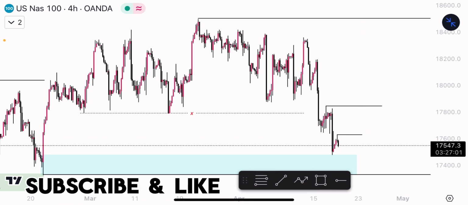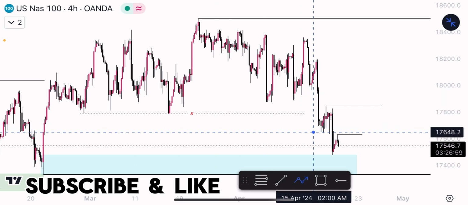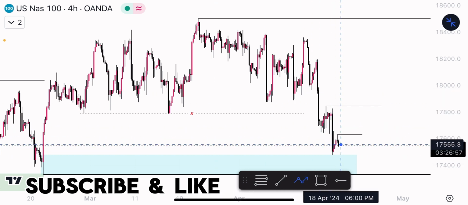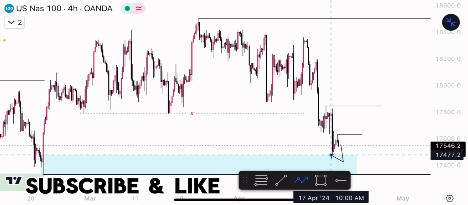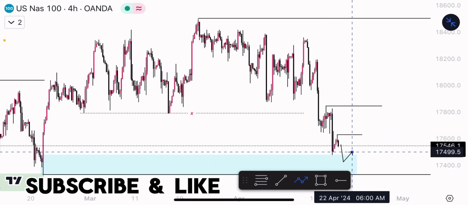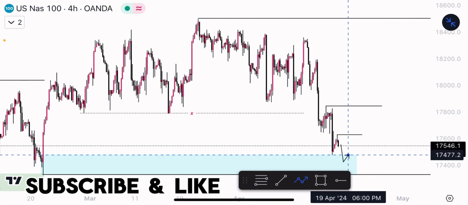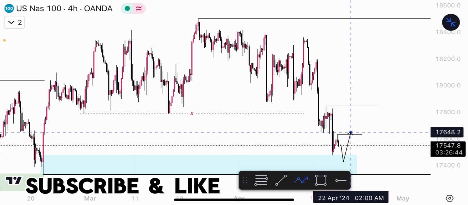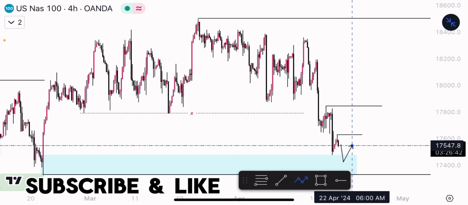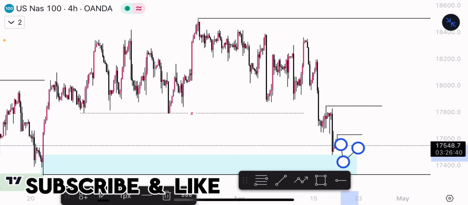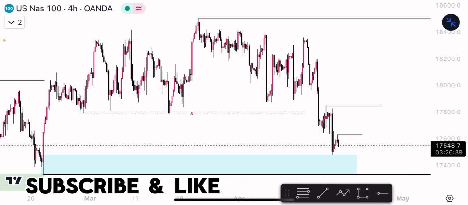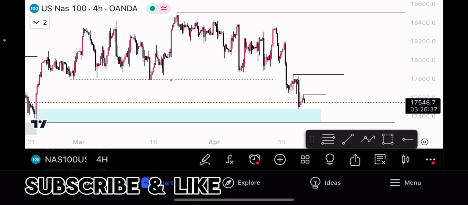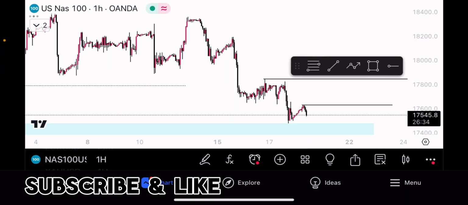So let's see if this market breaks below this one here, and we know that yes, this one is our valid high. But right now it's still not valid because it can still pull up and create more lower highs than this one. So that is it for this one, and right now let's go to the 1-hour time frame.